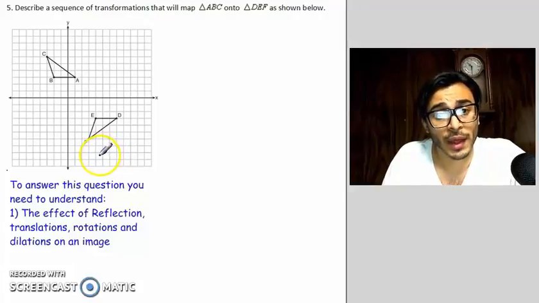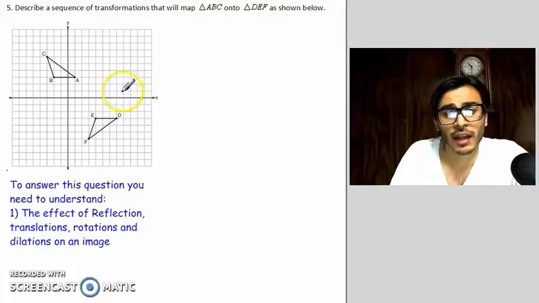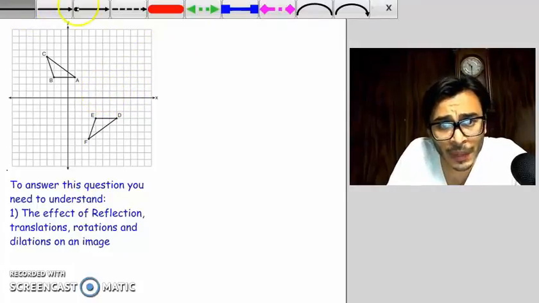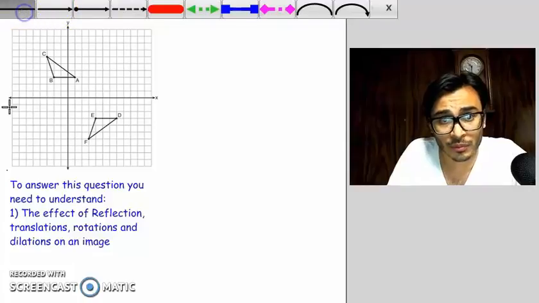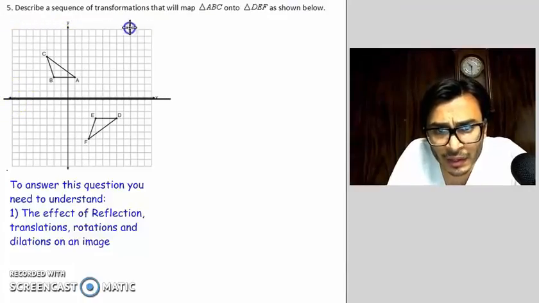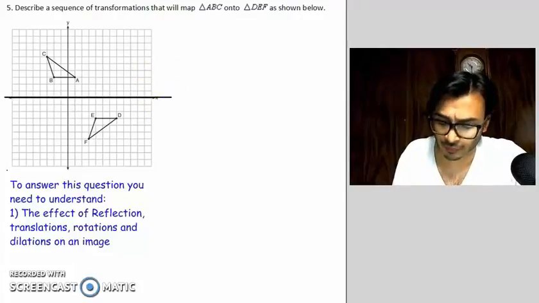And the reason I know that is because I can tell that this figure has been flipped, and that's a reflection. So now I have to decide how was it flipped. And you know, a lot of this is sometimes trial and error. So I'm just going to go ahead and say it was flipped across the x-axis.